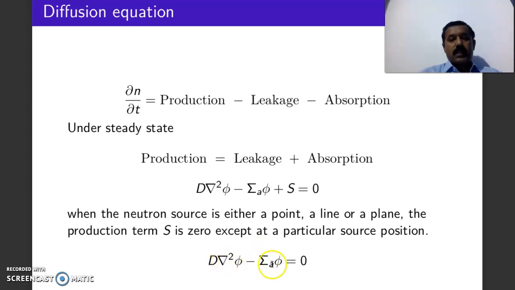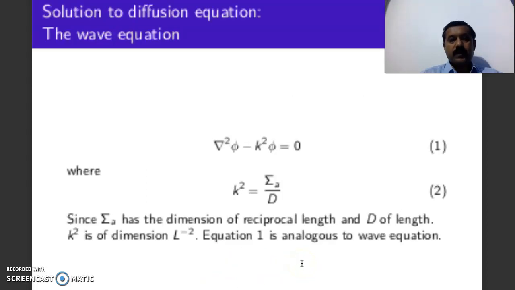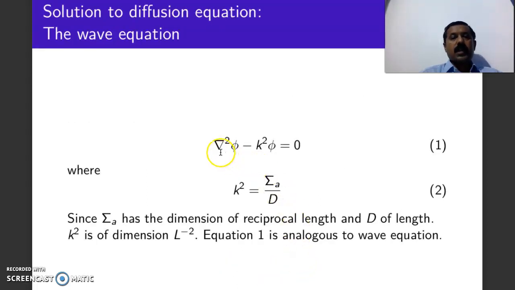Now just dividing this entire equation by D, you get ∇²φ minus Σa divided by D into φ equal to 0. Or in other words, you can write that equation as ∇²φ minus k²φ equal to 0, where we have taken k² equal to Σa by D. If you look at the dimensions of this k², Σa has dimension of inverse length and D has the dimension of length.